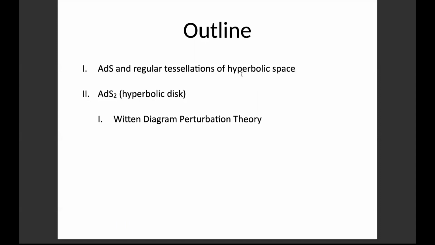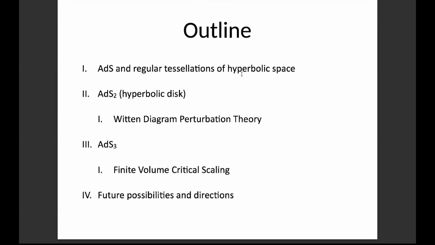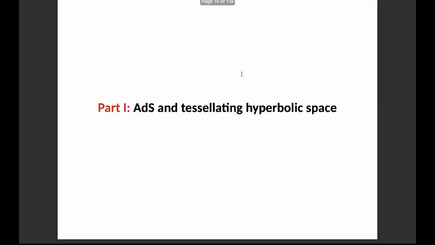That's all I mean by Witten diagram perturbation theory. We're then going to move up a dimension into three-dimensional AdS space. And at that point, we're going to do some Monte Carlo calculations and then calculate some finite volume critical scaling exponents. Well, not quite, but I'll explain when we get there. And then I'll close, of course, with future possibilities and directions.